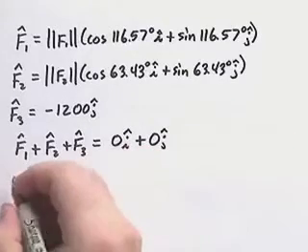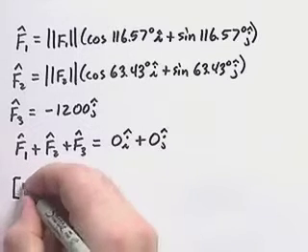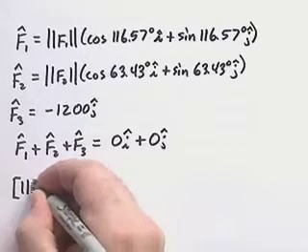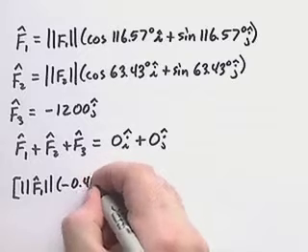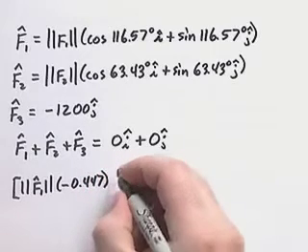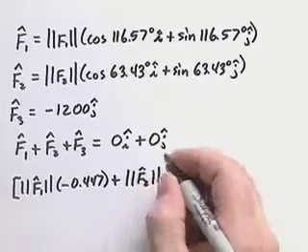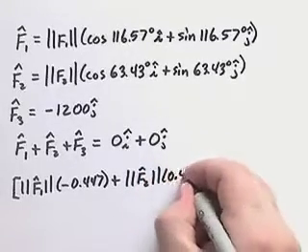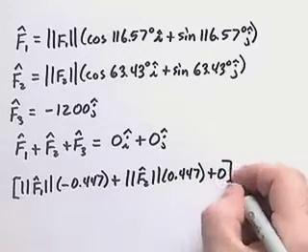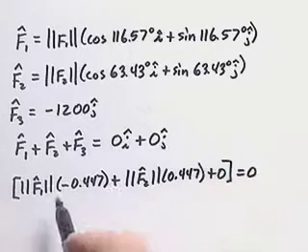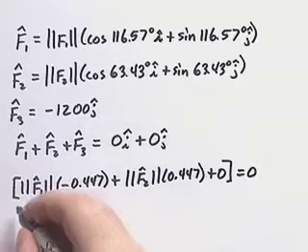This means that we'll get the magnitude of force 1 times negative 0.447 plus the magnitude of force 2 times 0.447 plus 0 must equal 0. So we're looking at the horizontal components. We're summing those up. That needs to equal 0.